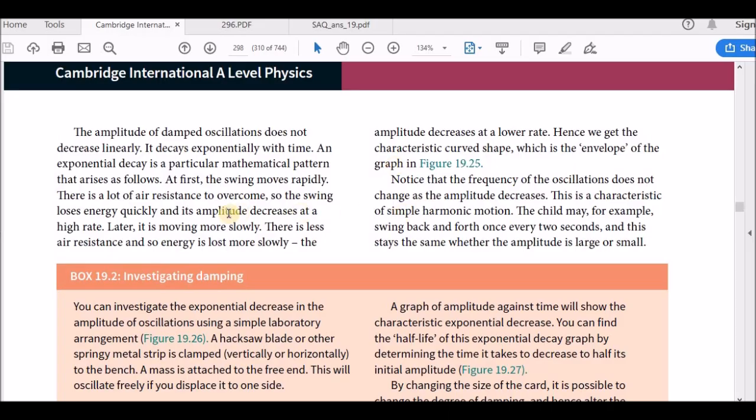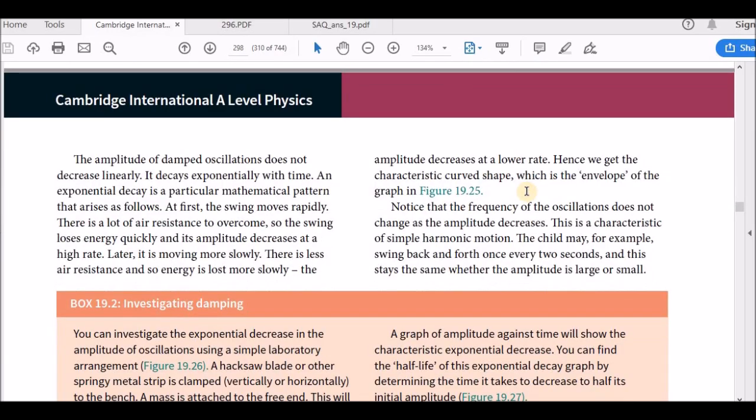That's what they mean by this. Air resistance decreases with decreasing speed, and so energy is lost more slowly. The amplitude decreases at a lower rate. Hence we get the characteristic curved shape, which is the envelope of the graph in figure 19.25.